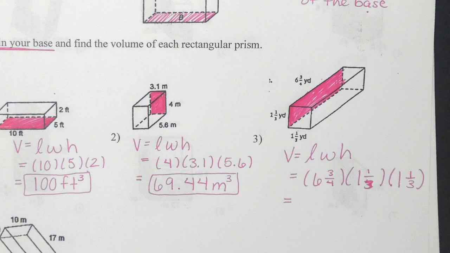Right. What do I get? What did you get when you typed yours in, Jackie? 12. Are we sure? Do our fractions completely go away?